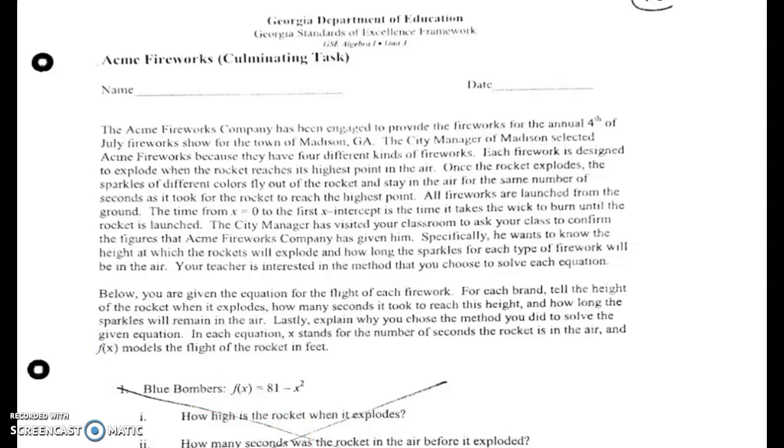What I would do is underline it. I would circle explode, and then underline when does it explode? When the rocket reaches its highest point in the air. Let's keep reading. Once the rocket explodes, sparkles of different colors fly out of the rocket and stay in the air for the same number of seconds as it took for the rocket to reach the highest point.